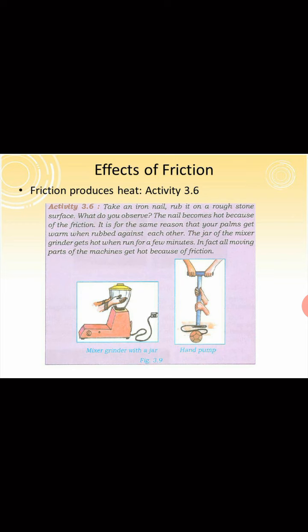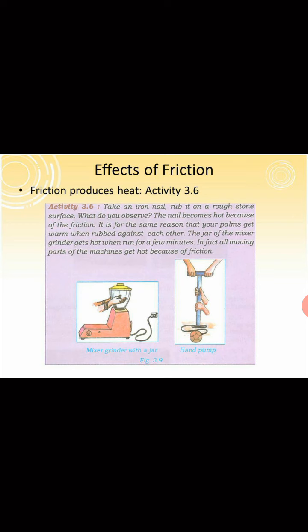In the images you can see a mixer grinder. You can ask your mom also: when something is being ground in the mixer jar, and it works for a few minutes or even a few seconds, you can feel that the jar becomes warm.